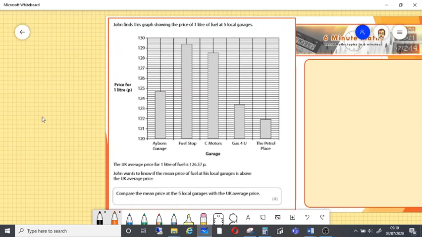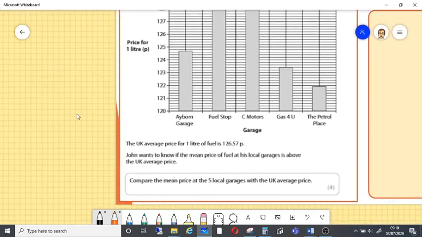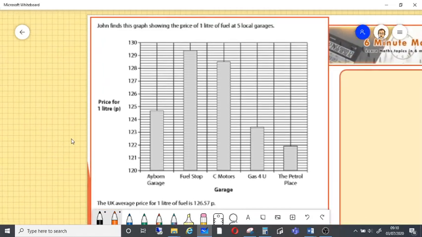The UK average price for 1 litre of fuel is 126.57 pence. John wants to know if the mean price of the fuel at his local garage is above the UK average price. Compare the mean price of the 5 garages with the UK average price.